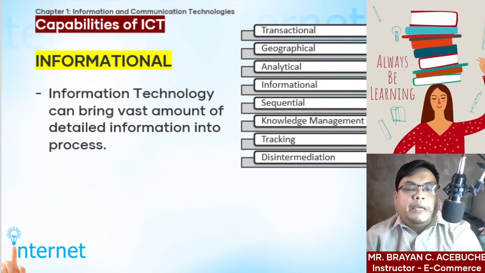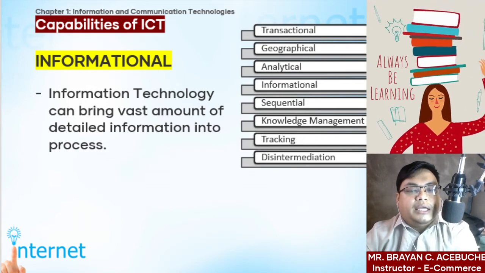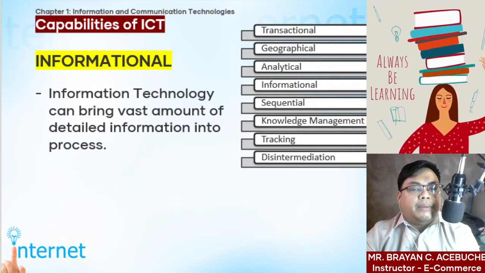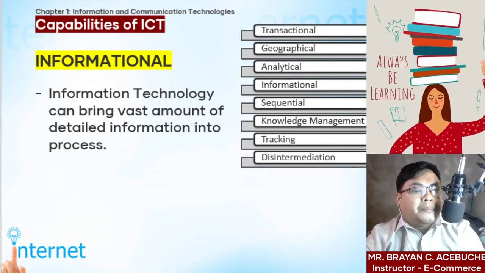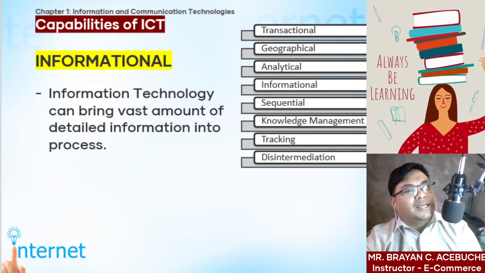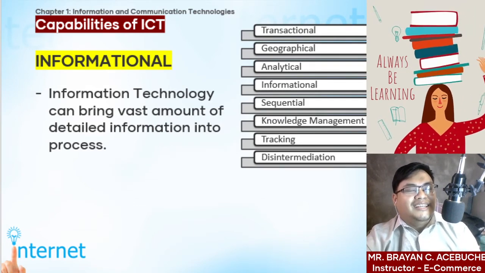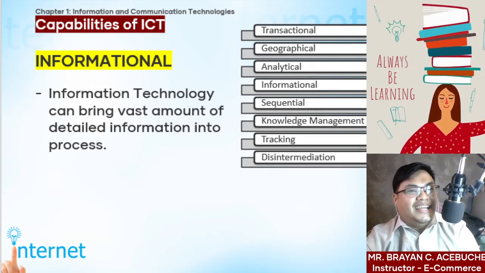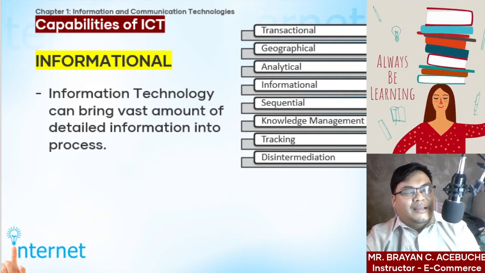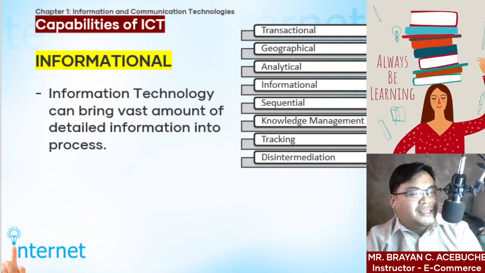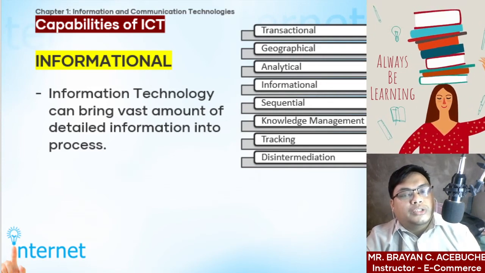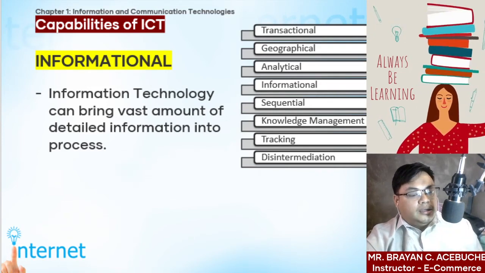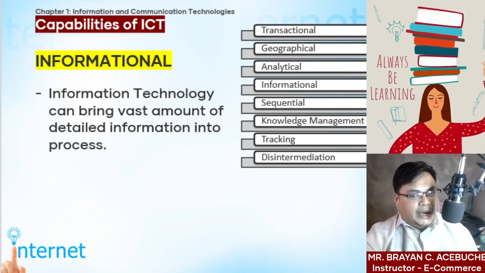How about informational? It means IT can bring vast amounts of detailed information into process. Na hindi sumasakit ang ulo, na hindi nagdadabog, 'di ba? Na hindi nagkakaroon ng away sa loob ng office. So, si computer is able to process multiple amounts of information nang sabay-sabay.